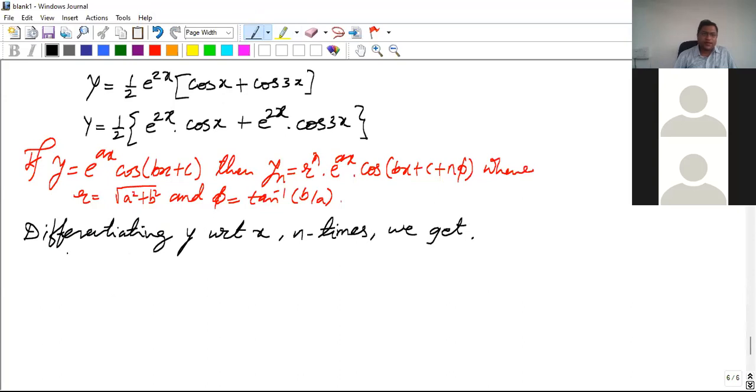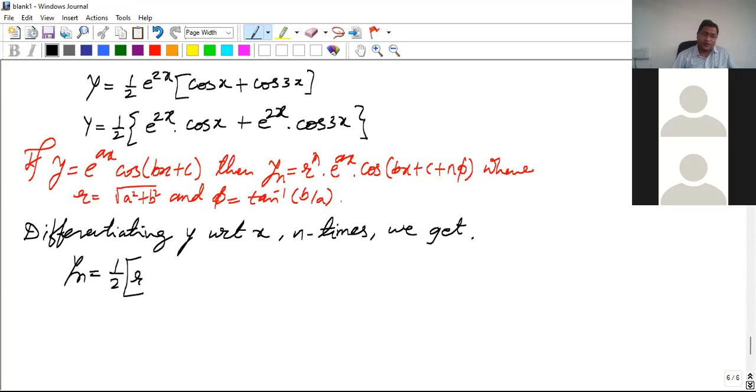So what we are able to get is yn is equal to the first term plus the second. Please be careful. Here r will be different and phi will be different, because a is different and b is different. So you will get two different phi and two different r.